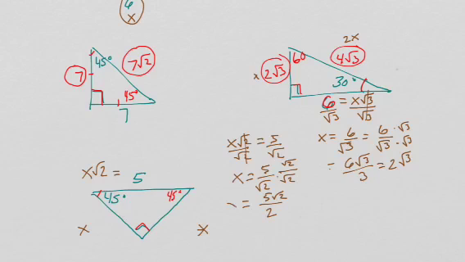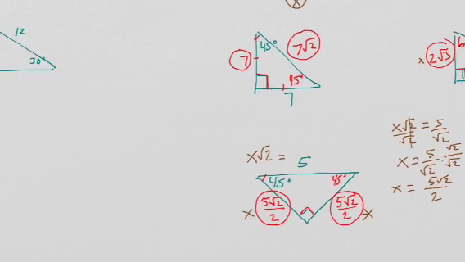This time we can't simplify that. 5 square root 2 over 2 can't be reduced or anything, and so that is my final answer for x. 5 square root 2 over 2. And again, you can type that on your calculator if you want to get the decimal answer, but that's not the preferred form. The preferred form is the exact answer, because if you type it in the calculator, you would get a rounded answer, and we often don't like that.